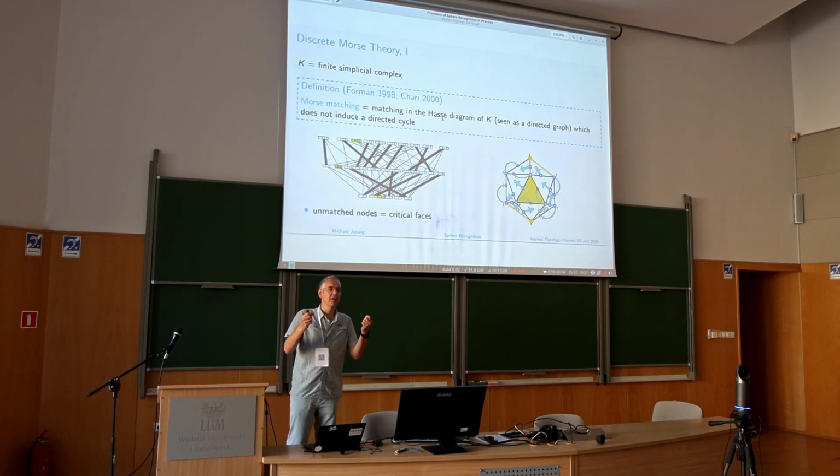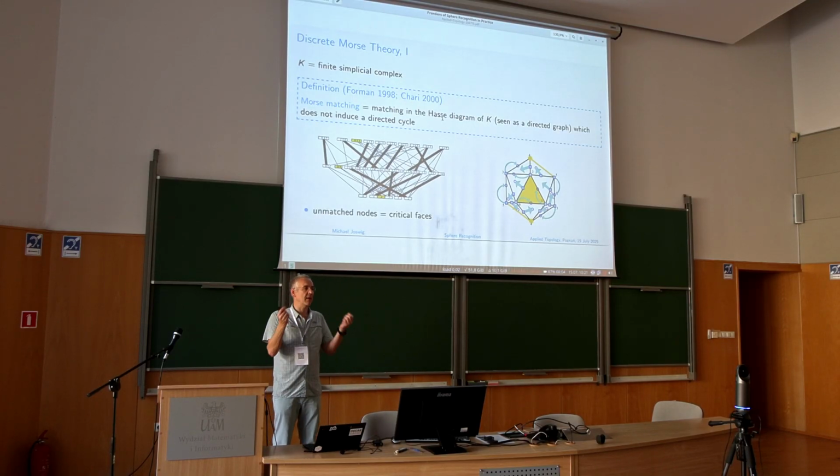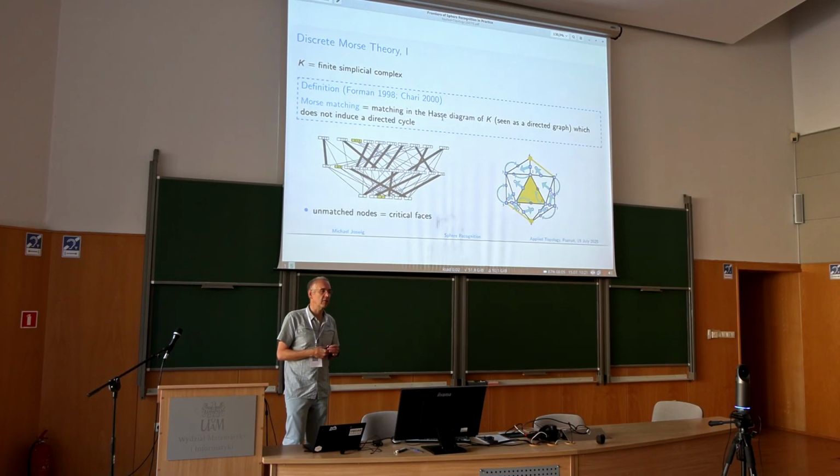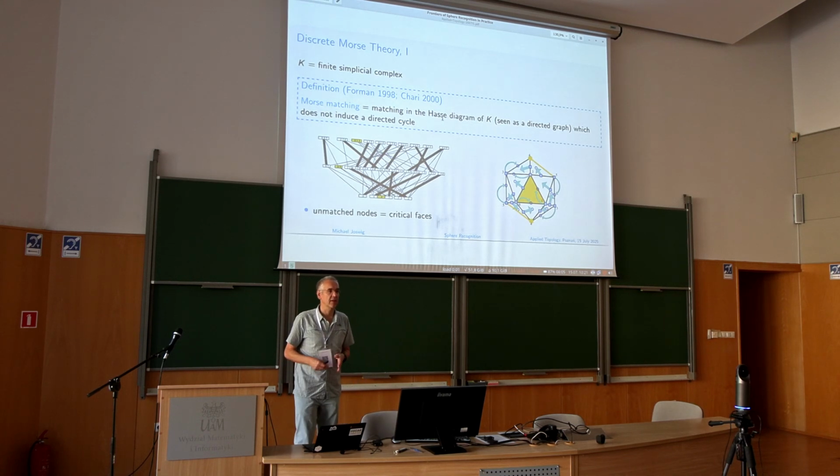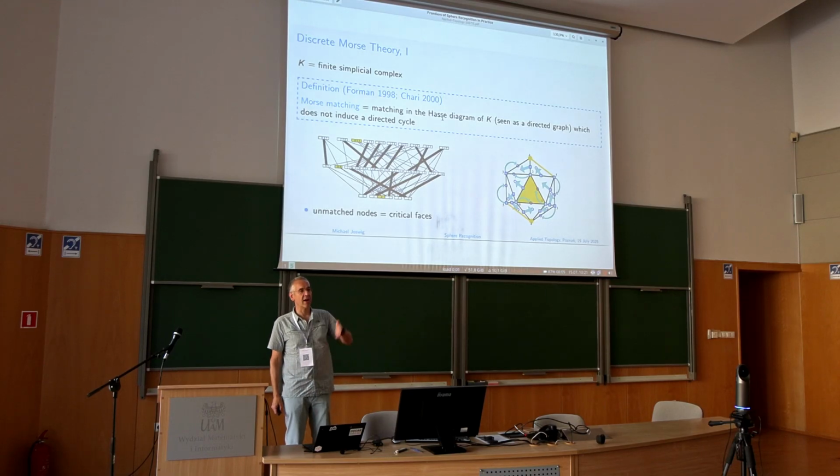What is this? You take all the faces of all dimensions, and you turn these into the nodes of a directed graph, and you have directed edges whenever a k-face is contained in a k plus 1 face. You make a directed arc from the k-face up to the k plus 1 face. So all my arrows are directed upwards with increasing dimension.